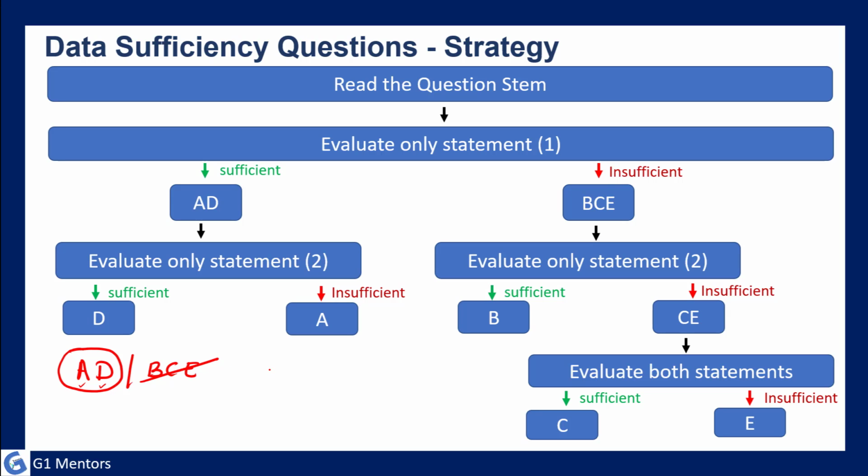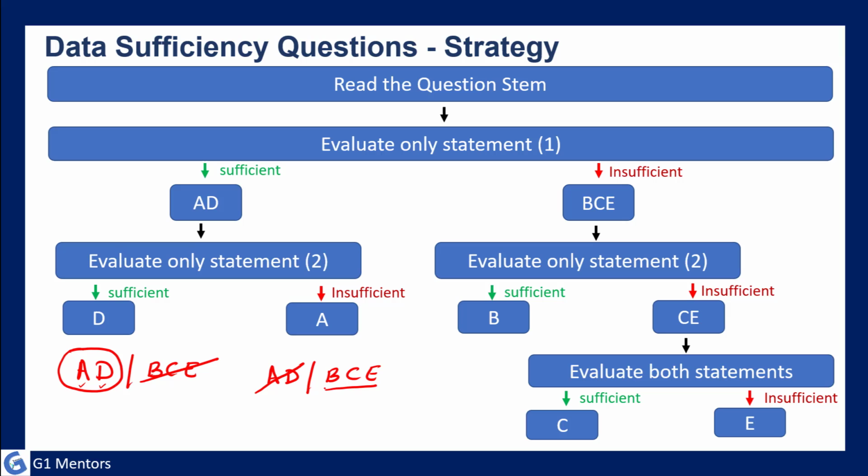Let's say again we are reading another question. We write on the paper AD, B, C, E. Let's say statement 1 alone is not sufficient to answer the question, then we strike off A and D. Then the answer choice is out of B, C or E. Then we evaluate statement 2.